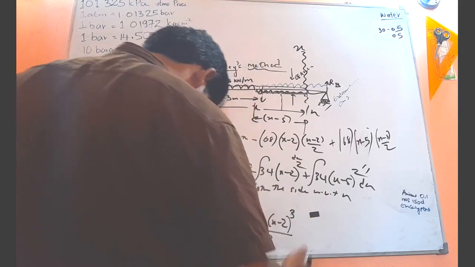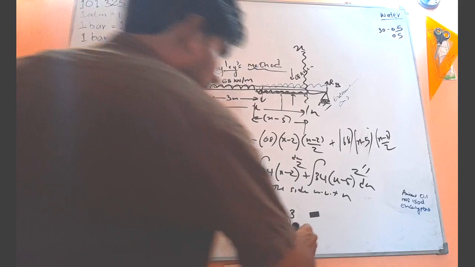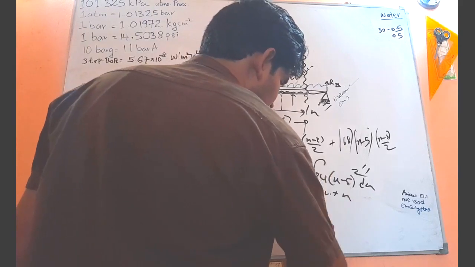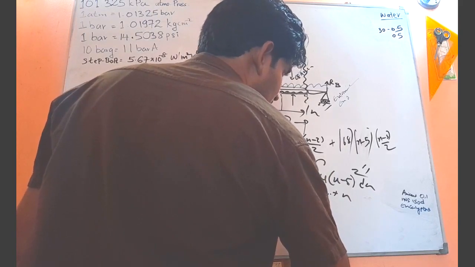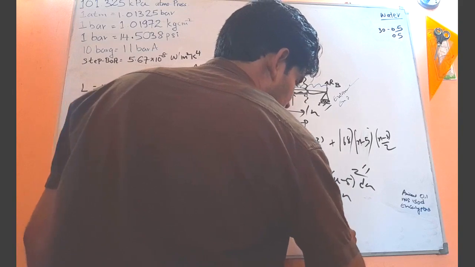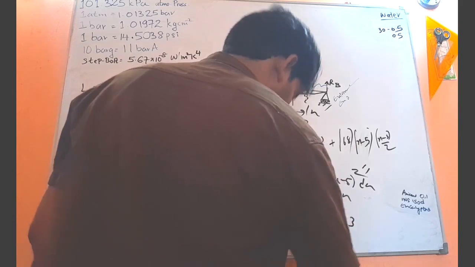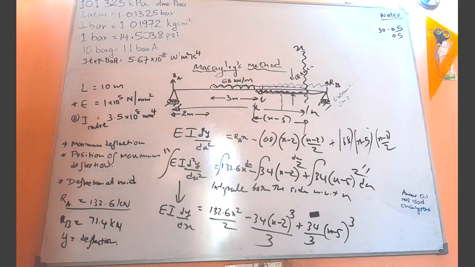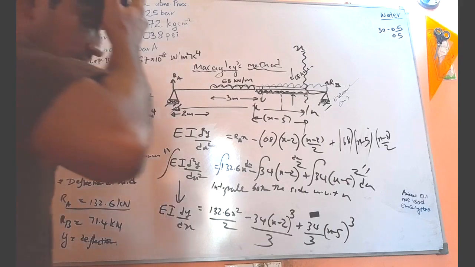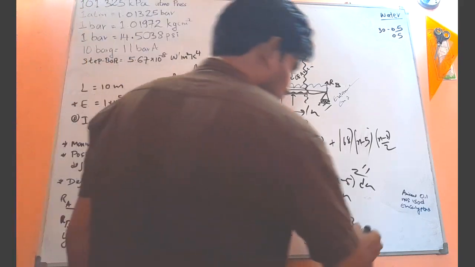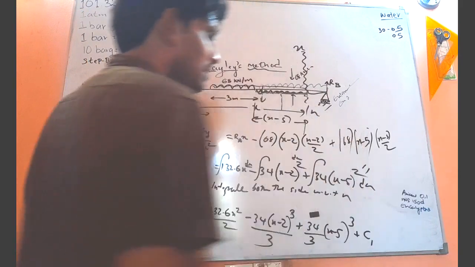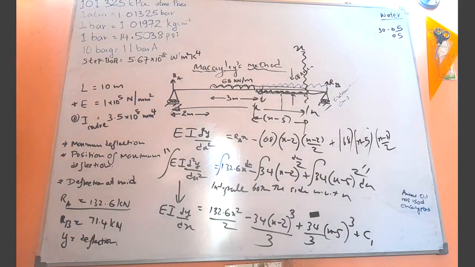Then the next one, if you integrate this, you will be having 34 divided by 3 times x minus 5 to the power 3. And one more thing you have to add, that is the arbitrary constant, constant C1.